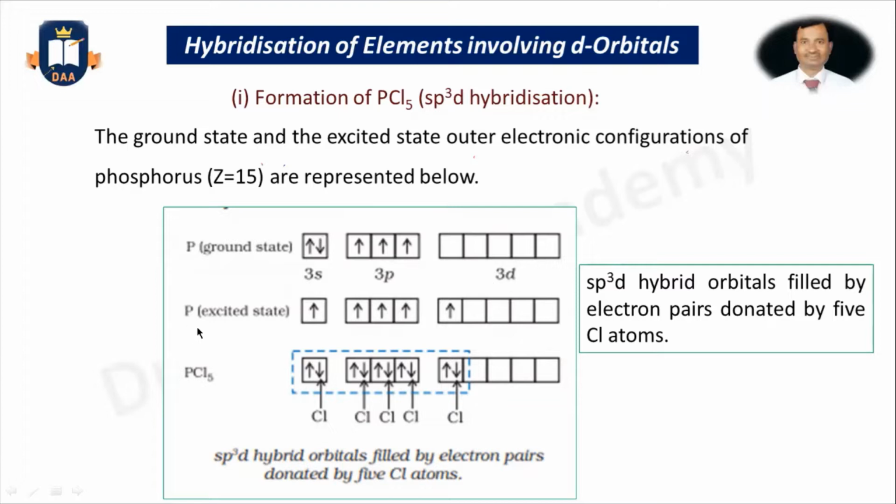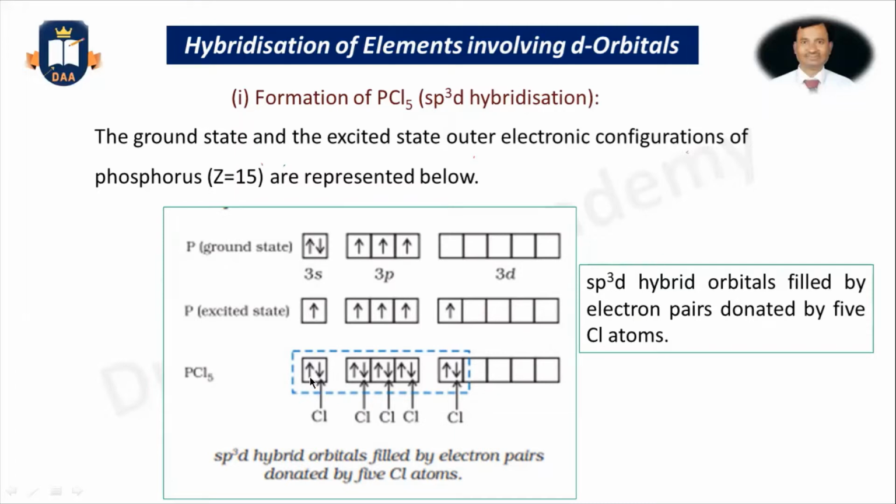So when phosphorus is excited, in the electronic configuration one electron from the 3s jumps to the 3d orbitals, and finally you'll get sp3d orbitals, and the number of hybridized orbitals is 5.